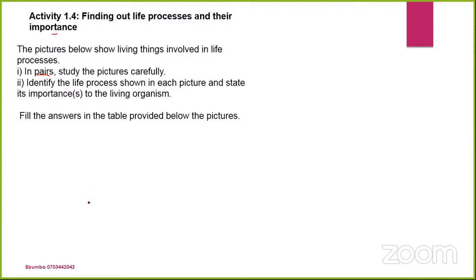I will be unmuting you and choosing people at random, but some of you have noisy backgrounds, so I give you a chance to discuss in pairs. Now, you're going to identify the life process shown in each picture and state its importance to living organisms in the table. Let me give you an example.